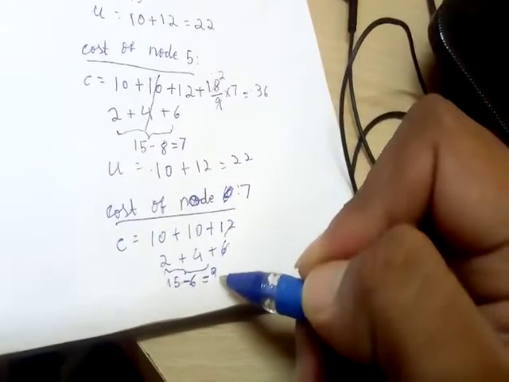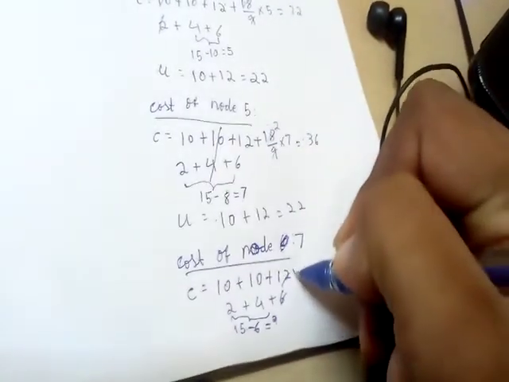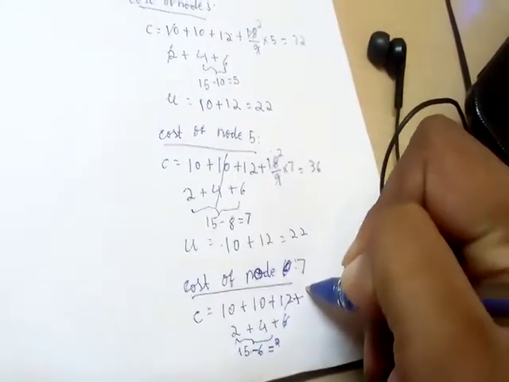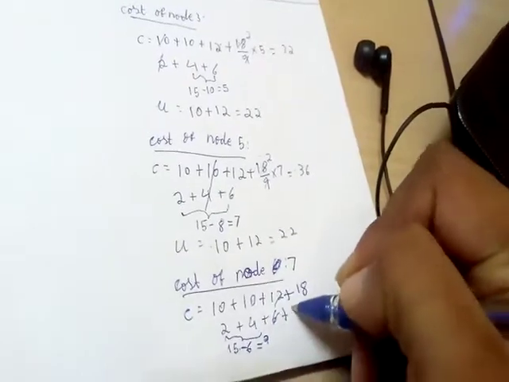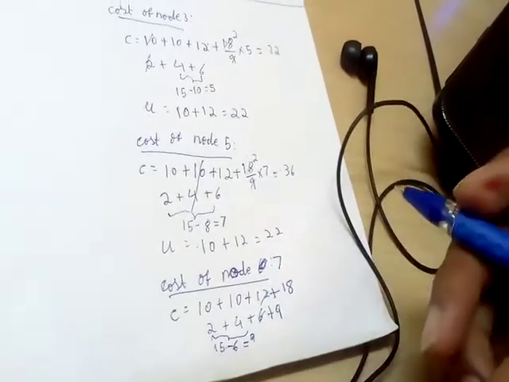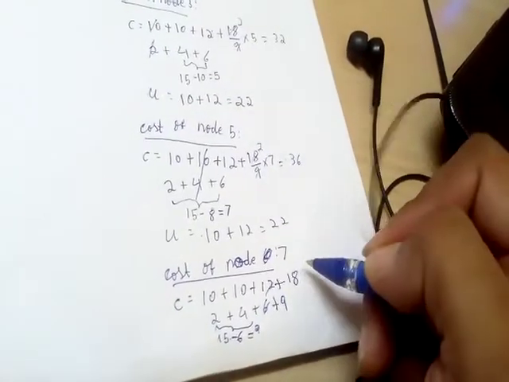So 15 minus 6 will give me 9. So if you see, the weight of the fourth item is also 9. So I can add the fourth item fully. No need of adding a fraction. So the associated profit of the fourth item is 18 and I can add the weight of 9.